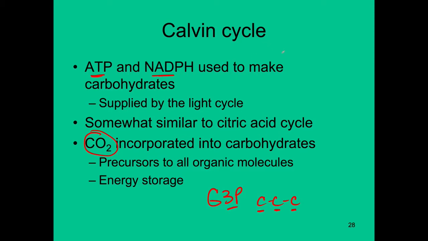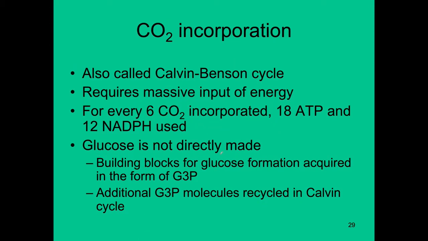This is a process known as carbon fixation, and it's the first part of the Calvin cycle. So CO2 incorporation, because we're putting a whole bunch of CO2 molecules together, we're actually incorporating 6 of them, takes a lot of energy. It requires 18 molecules of ATP and 12 molecules of NADPH.